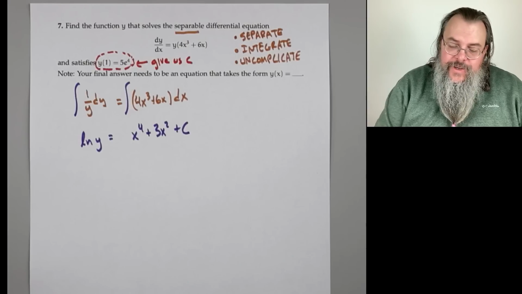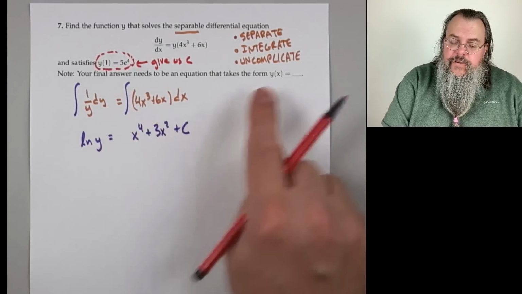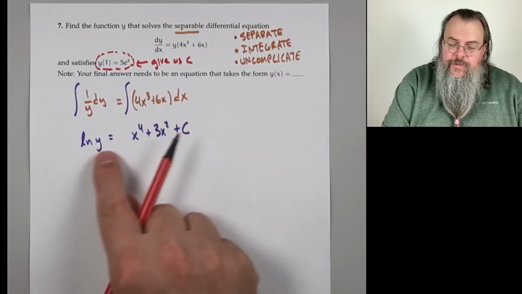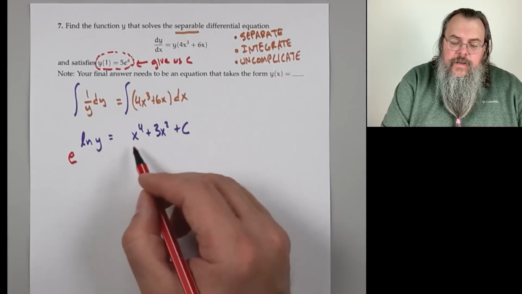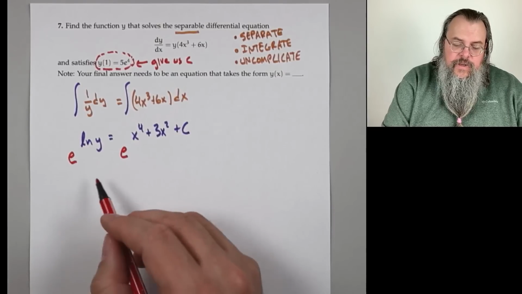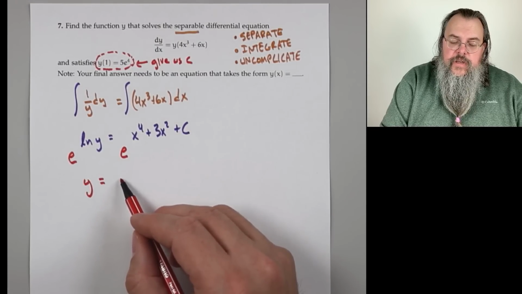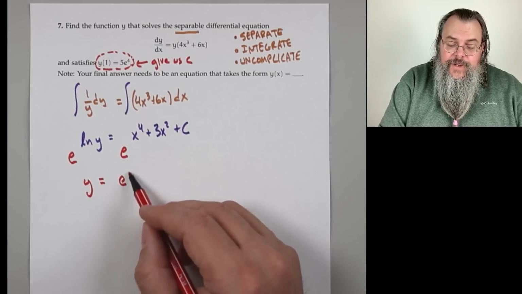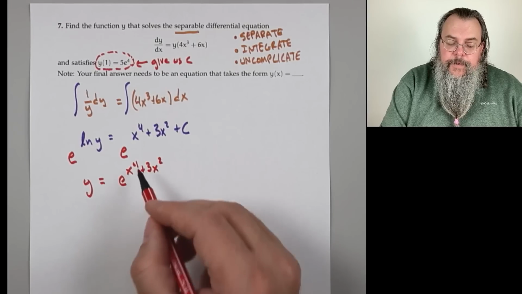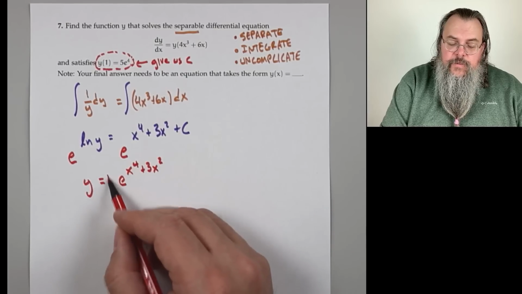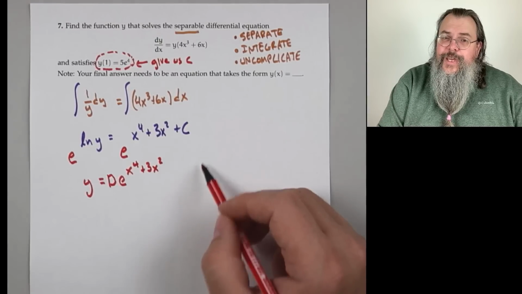All right, so let's get rid of the log, because we need to get y by itself. We know we have to get y by itself because it tells us we need y equals. That's log of y. To get rid of the log, we're going to use exponentials. So we get y is equal to, and here's a little bit of magic. I'm going to write it down, and then I'll say where things came from. e to the x to the 4th plus 3x squared, and a constant there. Now, what was the thinking?